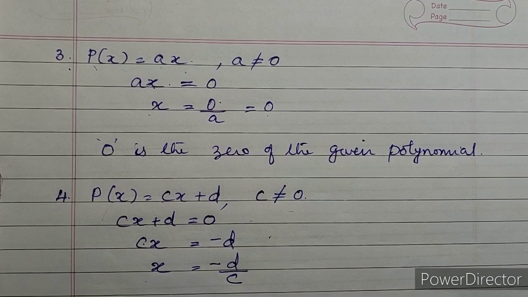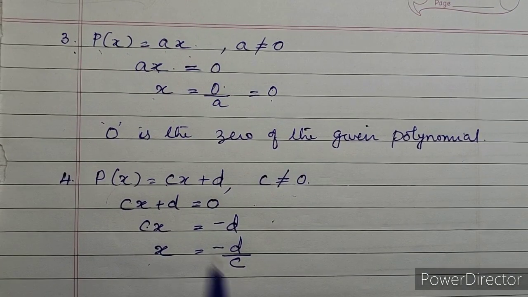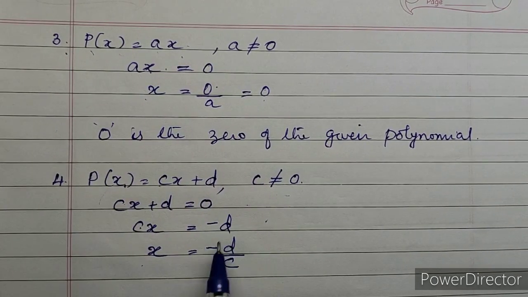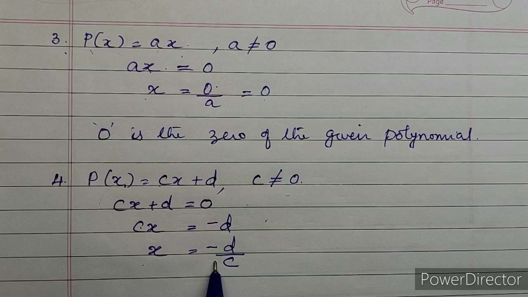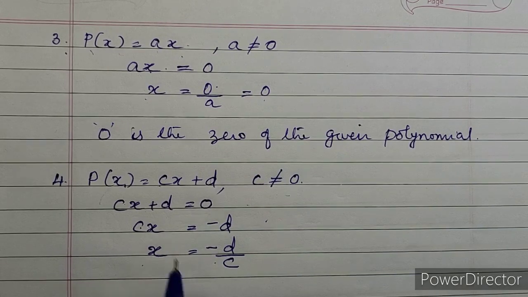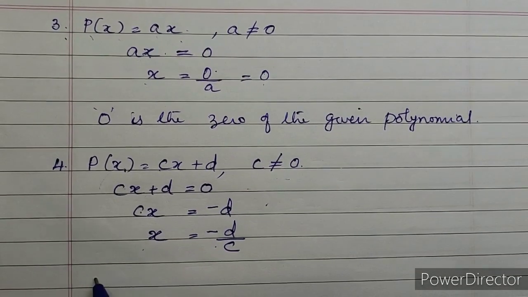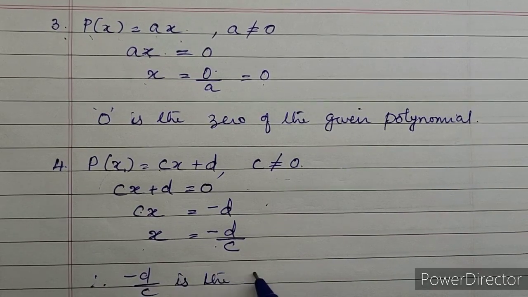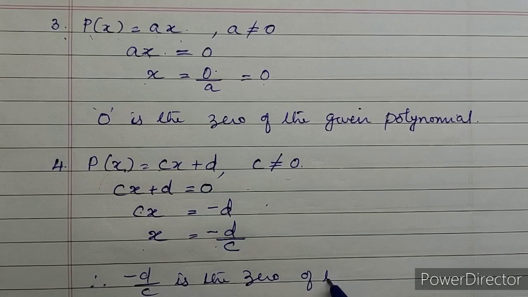So when x is equal to minus d by c, the value of this polynomial will become 0, or minus d by c is the 0 of the polynomial. So conclusion you should write, therefore minus d by c is the 0 of the given polynomial.